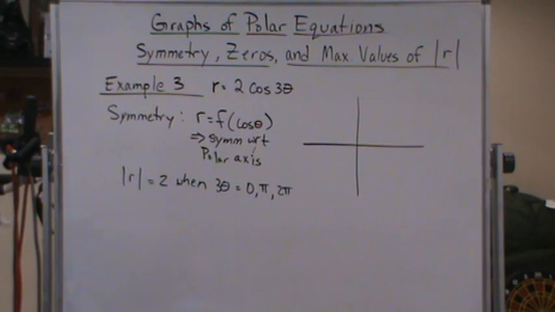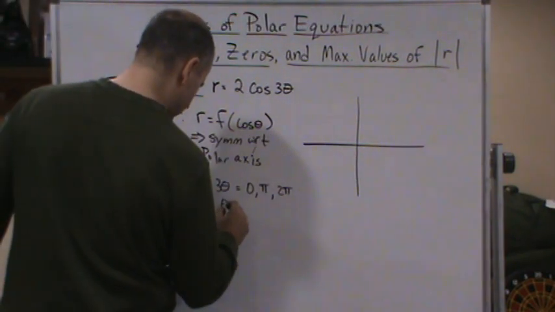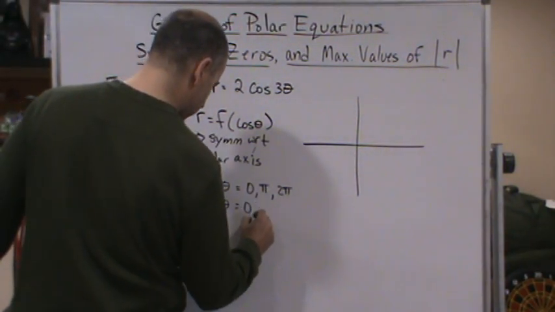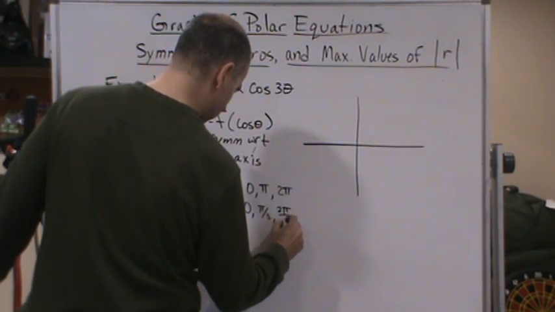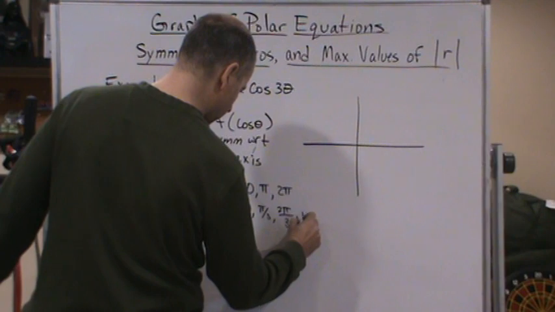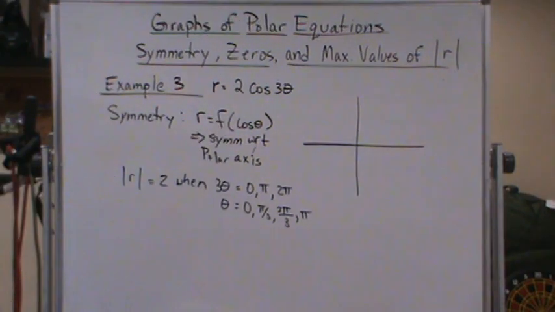So that would mean that when theta is equal to 0, pi over 3, 2 pi over 3, pi, right?